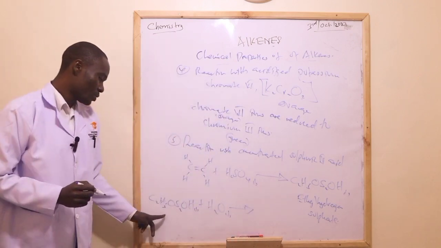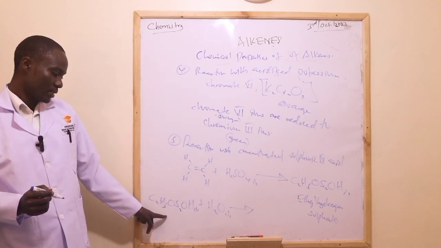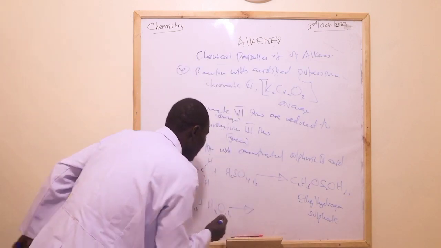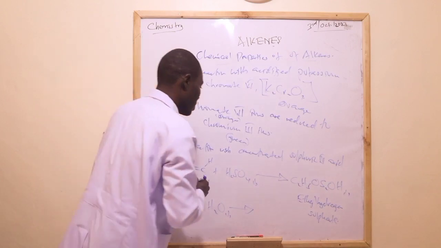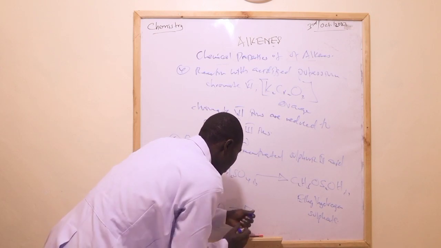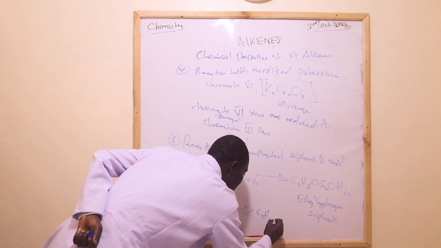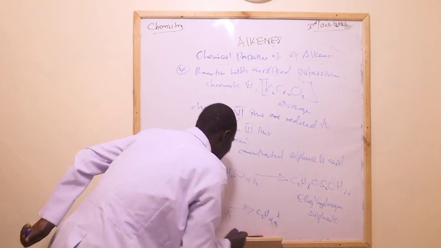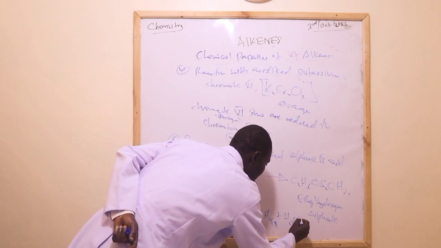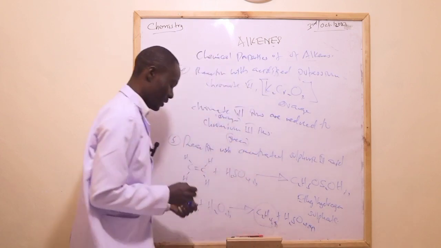When you warm, these two compounds will react to form two substances, ethene, C2H4, plus dilute sulfuric acid. Then this gas will be collected.